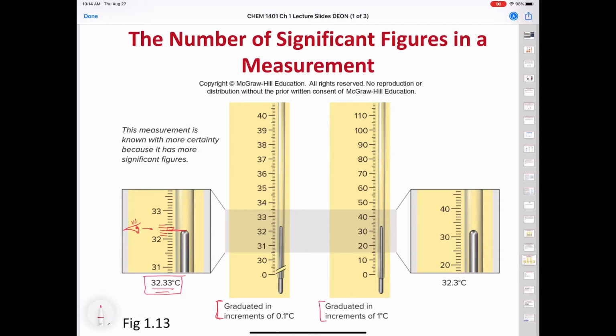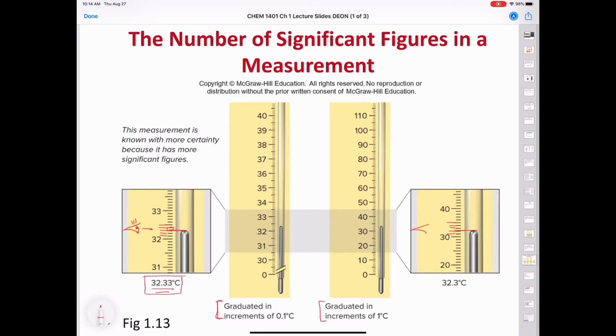On the thermometer on the right, we have gradations of 1 degree Celsius. So we have 31, 32, 33, 34, 35. So already you can see why we have less certainty, because we have the same temperature, but when we read it, the smallest increments, again, are 1 degree Celsius, and you can see that it's above 32, so it looks like it's around 32.3, right?